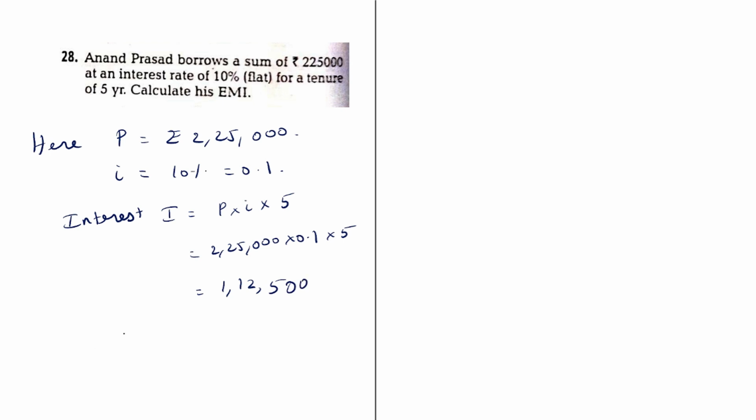And next we have the number of payments. It is repaid in 5 years. So in each year there are 12 months. So n is 5 into 12, which is 60. Now we can find EMI R is equal to P plus I upon n. Here P is 2,25,000.